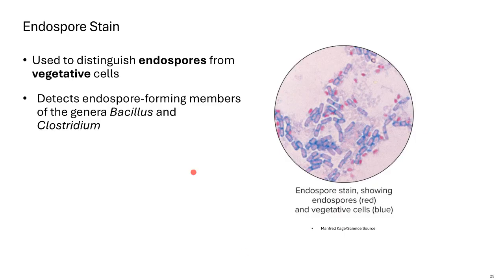Endospores, important. These resting structures that certain kinds of bacteria like Bacillus and Clostridium can make when the going gets tough. So if pH is bad, temperature is bad, nutrients are low, these bacteria can make endospores. And endospores are incredibly resistant to temperature, to antibiotics.